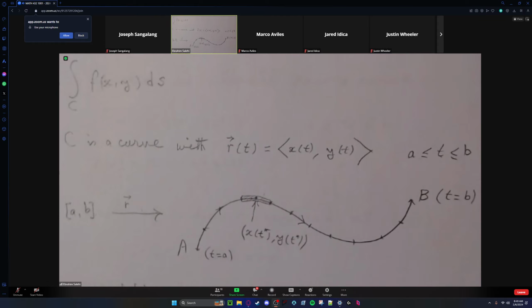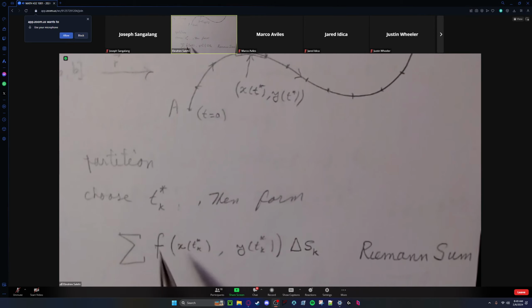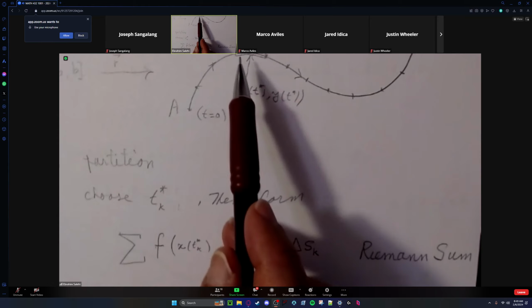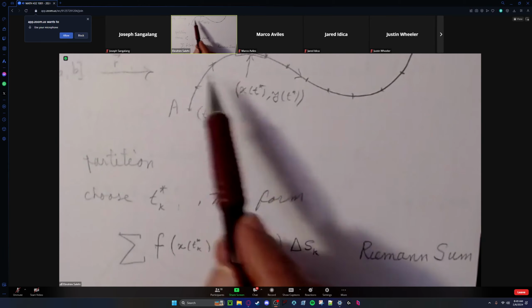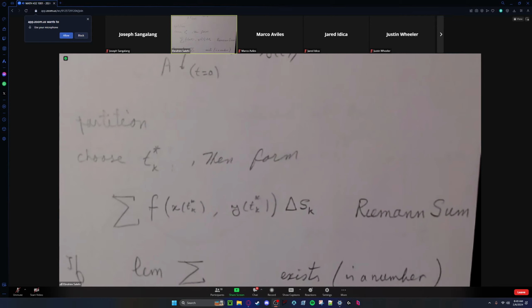So that is what you get, evaluating the function and multiplying by that little arc length. That gives you the term for this particular slice. You do it for all those little pieces and add them up, and this is what you get. This is, again, a Riemann sum.